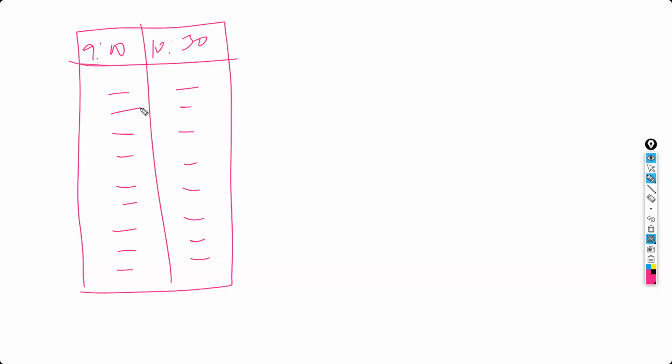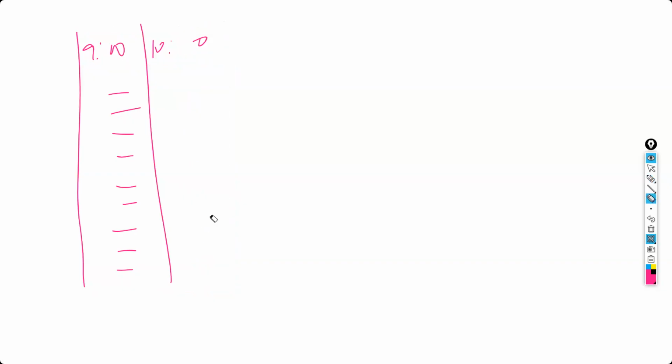I am going to see only the individual 9 a.m. batch, whether their average score is greater than 70 or not. This is only my requirement. Then I'm not going to consider the 10:30 batch. I'll consider only 9 a.m.